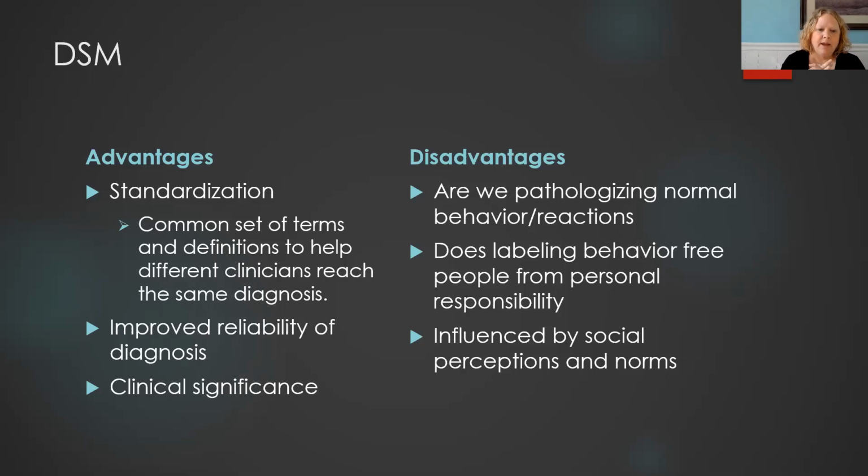So we have to be careful that we as clinicians, we as the field of psychology, are not pathologizing normal, accepted, okay behavior just because the public doesn't agree with it.